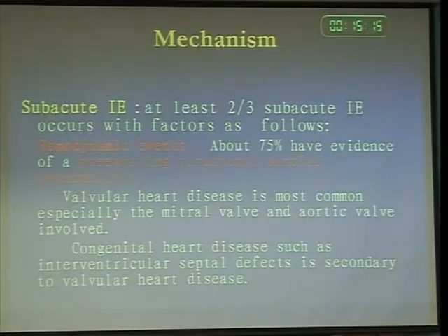Valvular heart disease is the most common, especially with the mitral valve and the aortic valve involved. Congenital heart disease such as the ventricular septal defect is secondary to valvular heart disease. And the other is the atrial septal defect.